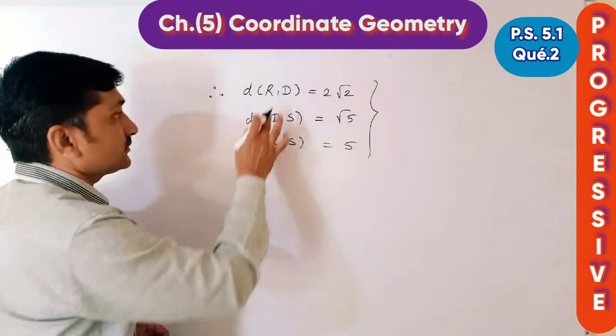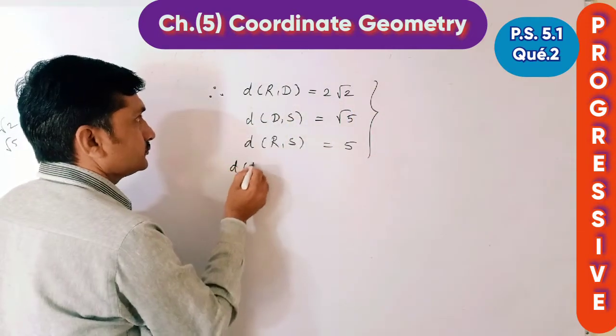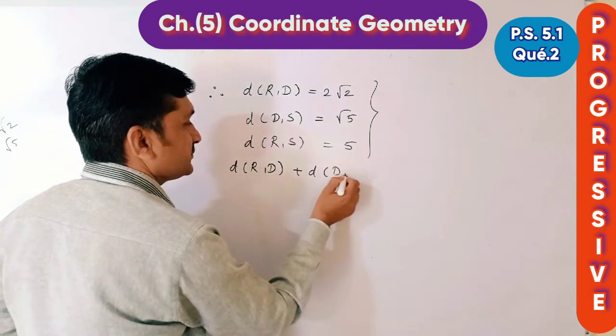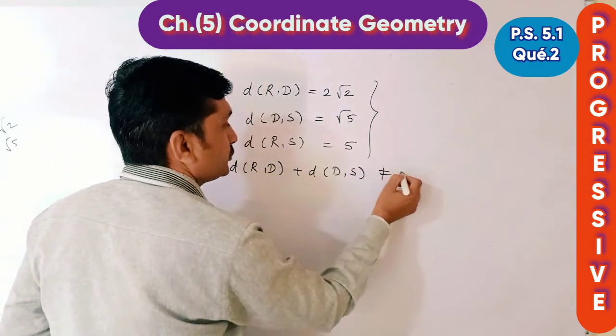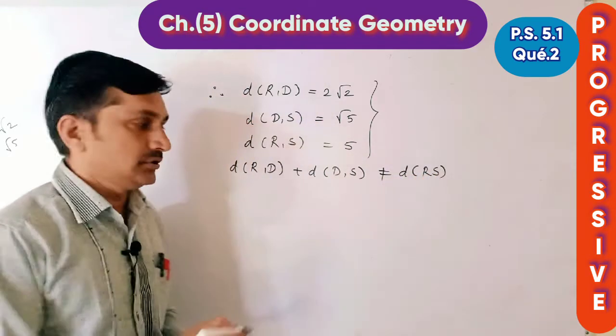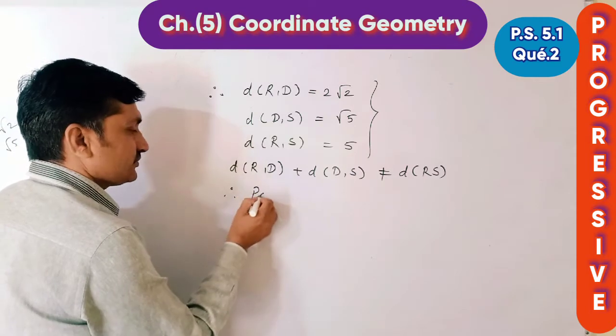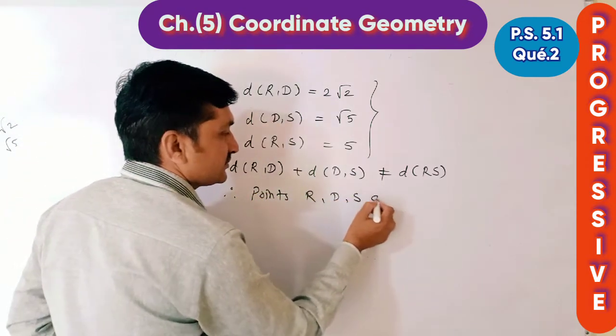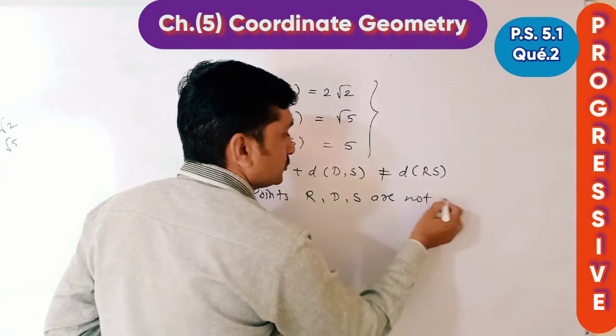We can say distance RD plus distance DS is not equal to distance RS, and therefore points R, D, S are not collinear.